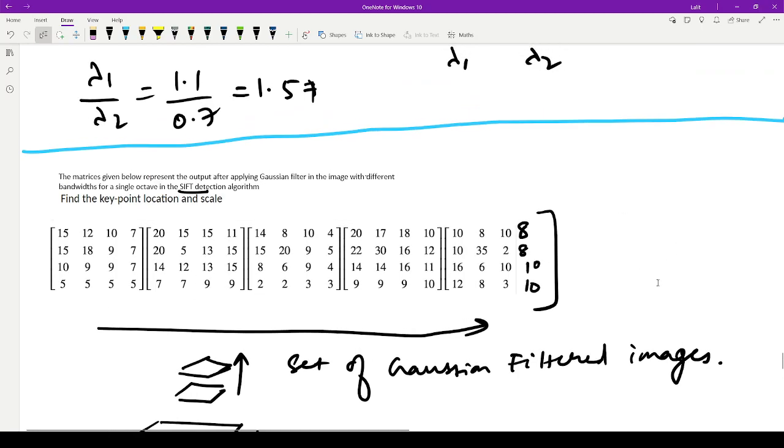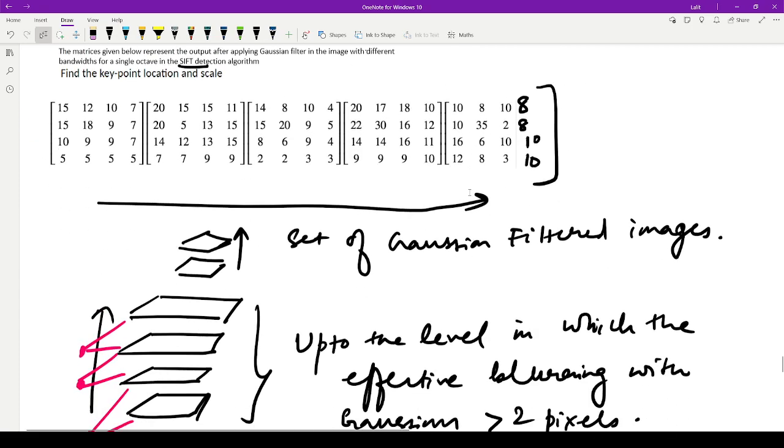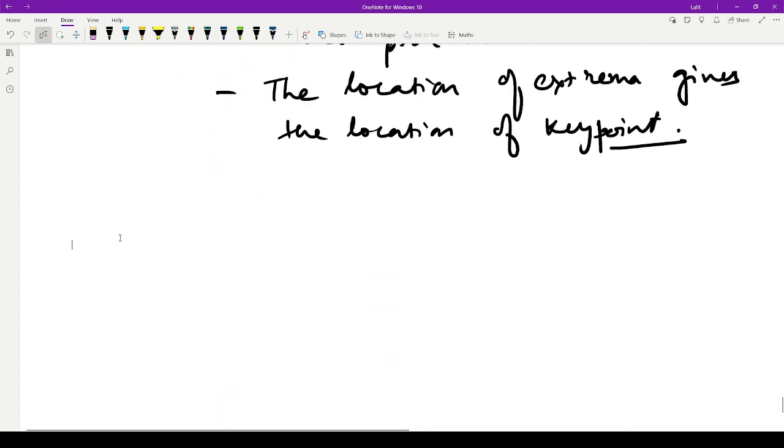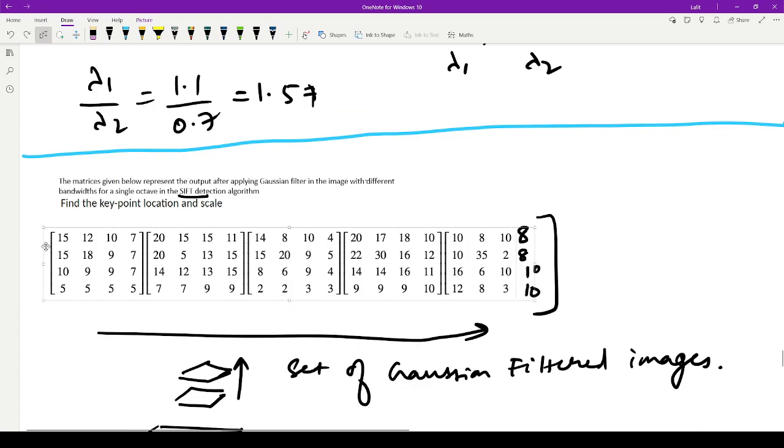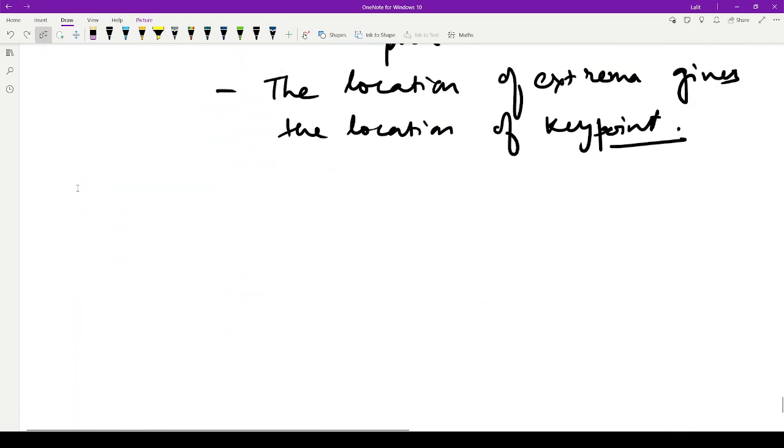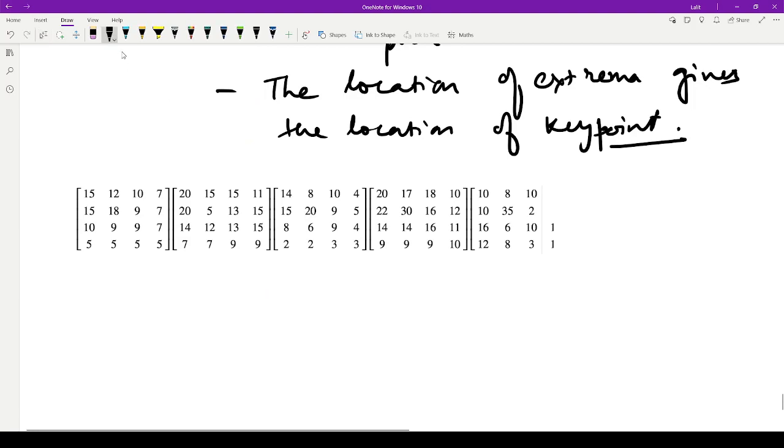So for this specific question out there, here it was 8, 8 and 10, 10.